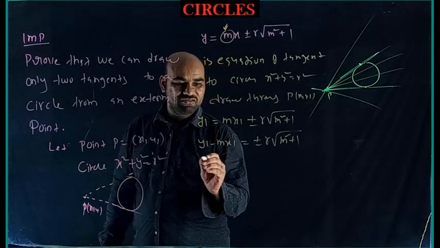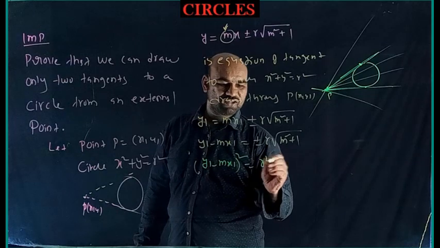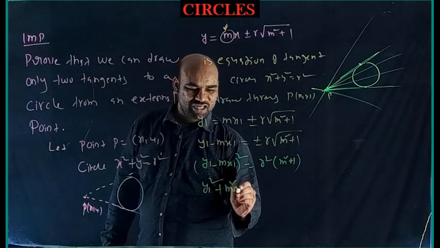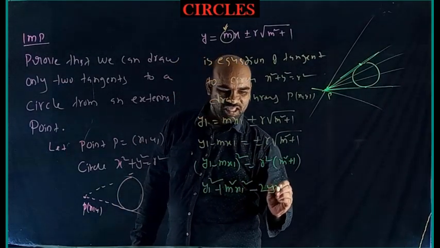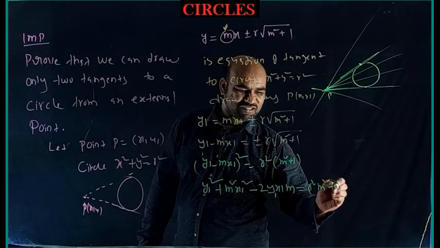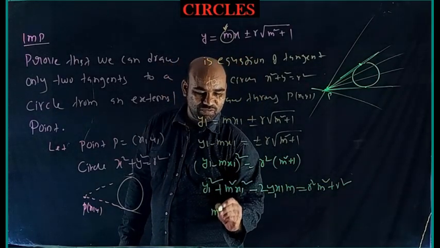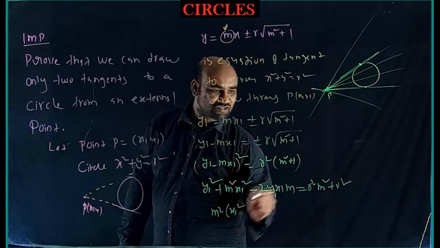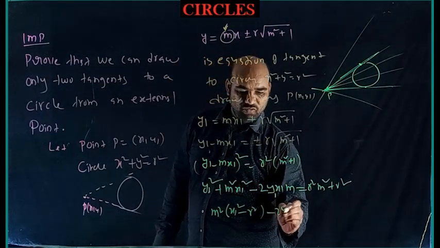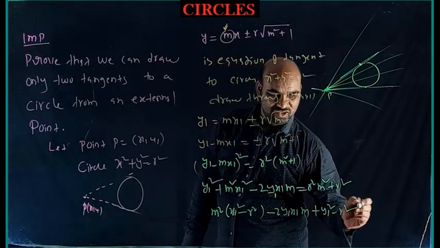So squaring, (y1 minus mx1) square equal to r square into (m square plus 1), that is y1 square plus m square x1 square minus 2 x1 y1 m equal to r square m square plus r square. So I will write m square of (x1 square minus r square) minus 2 x1 y1 m plus (y1 square minus r square) equal to 0.